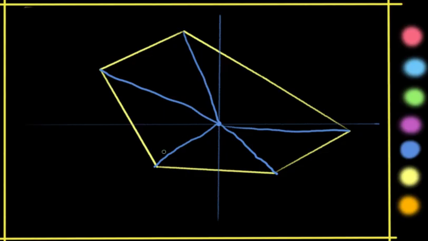And now I can do the shoelace theorem on each of these individual triangles, right? So if I were to do that, let's just say this is triangle 1, 2, 3, 4, and 5. And let's say that this is my x1, y1, and this is my x2, y2, and so on.